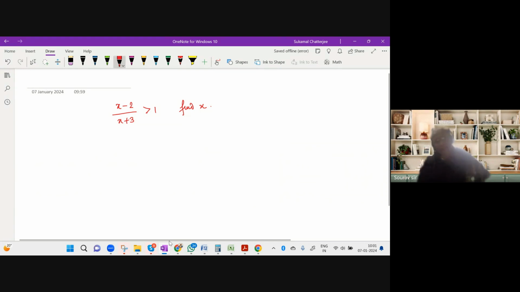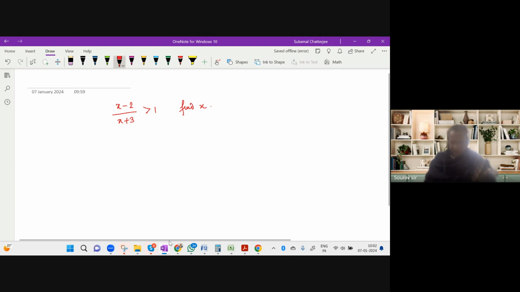What is the value of x? Anyone, quickly.